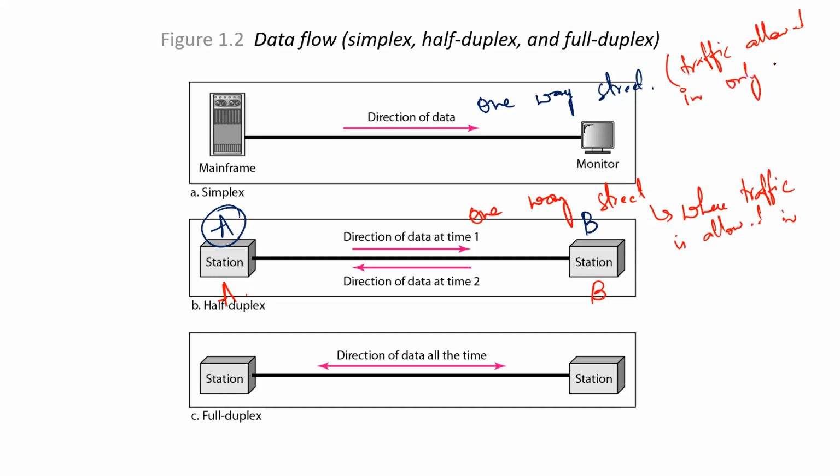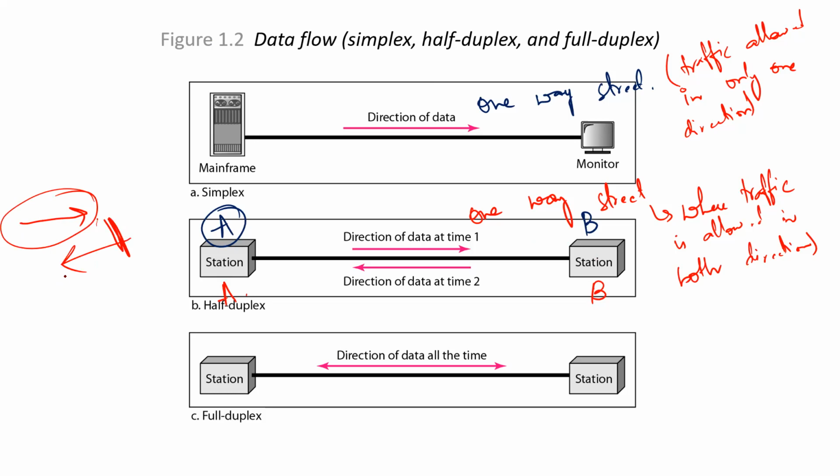But the condition is that when data is traveling in one direction, the other data must wait. Or if we are talking about traffic, when the vehicles are traveling in one direction, the vehicles traveling in the other direction should wait. So there will be a red signal. Then these vehicles should be stopped, and these vehicles can continue going.